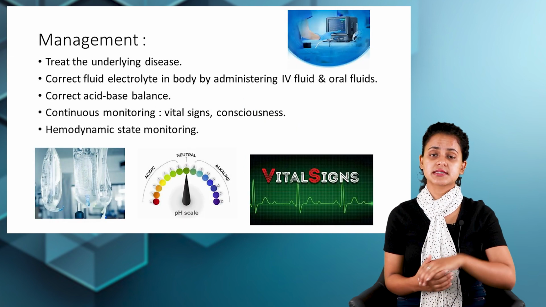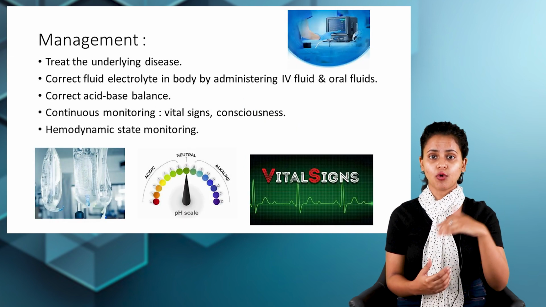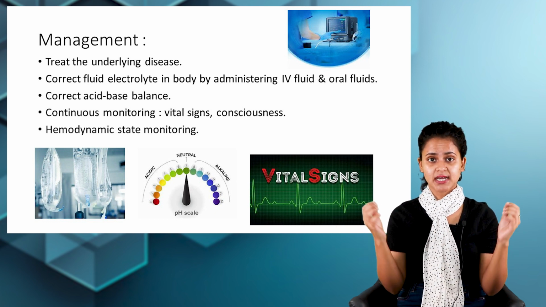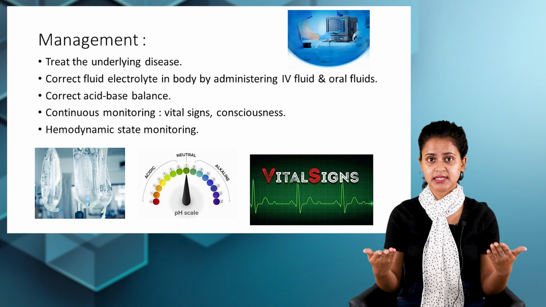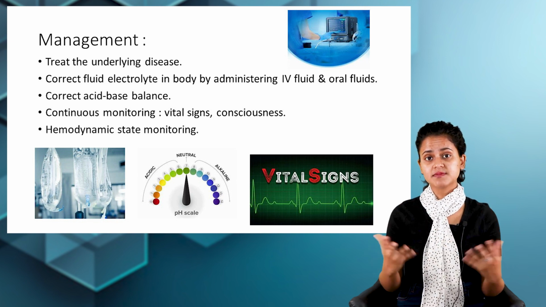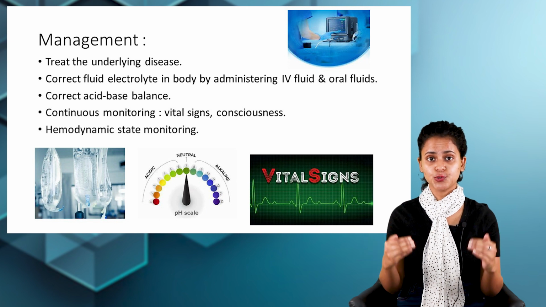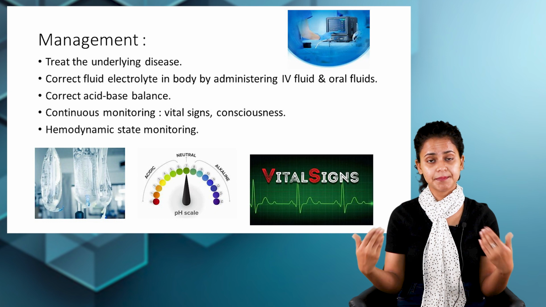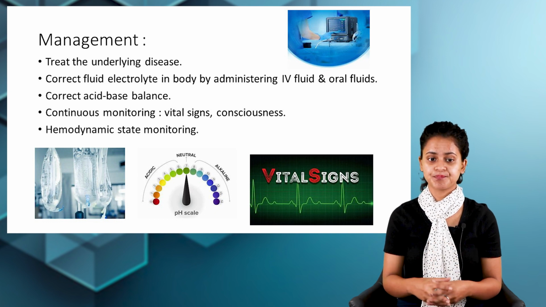Now, there are certain other management measures which are often provided to the client. It starts with treating the underlying disease condition, as I have mentioned. Various medical agents can be prescribed to treat the underlying disease depending on the patient condition.